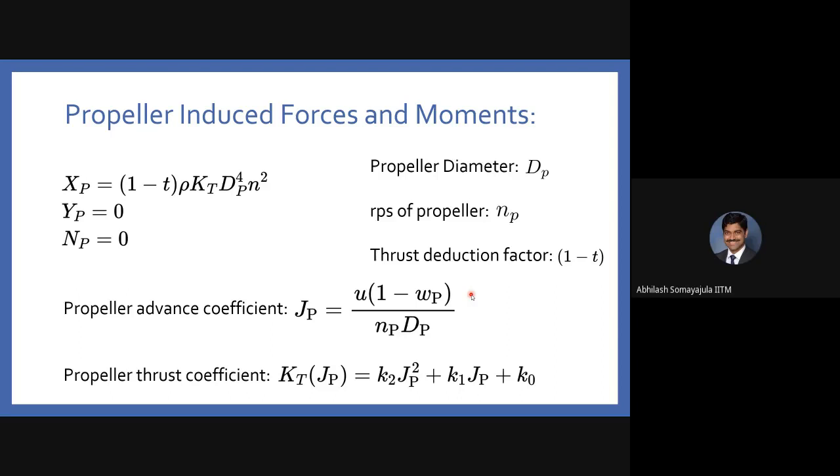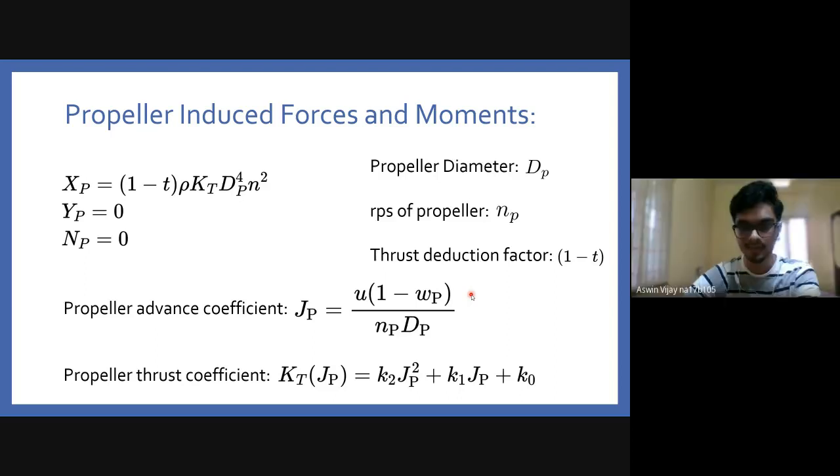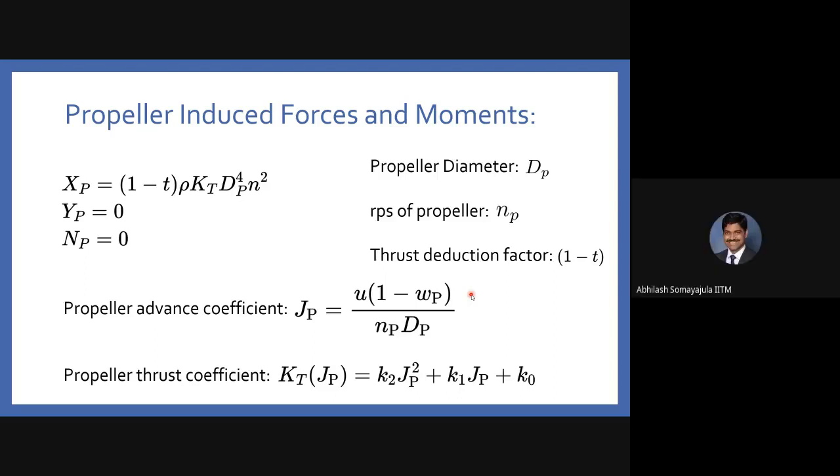Since your propeller will be operating in that region, you need to know the velocity at that point, which is why you use this wake fraction with respect to the ship speed. The ship is moving with a speed of U in the forward direction, and the flow at the propeller we can consider to be U times (1 minus Wp). In reality, this flow will vary across the propeller disk; it's not going to be one number.